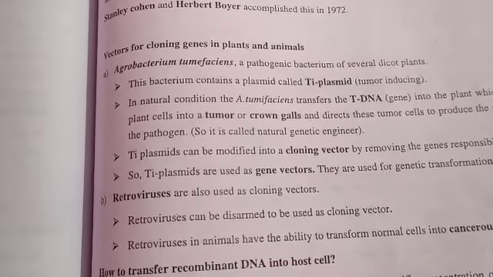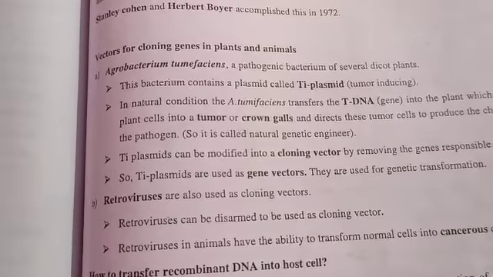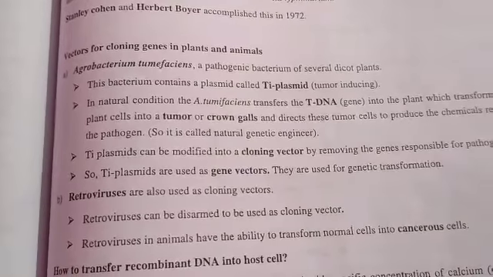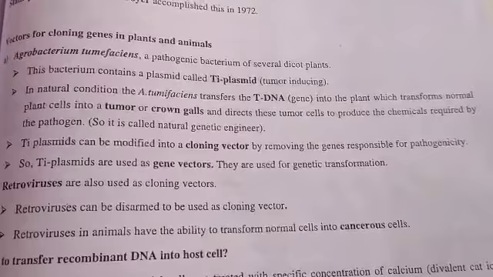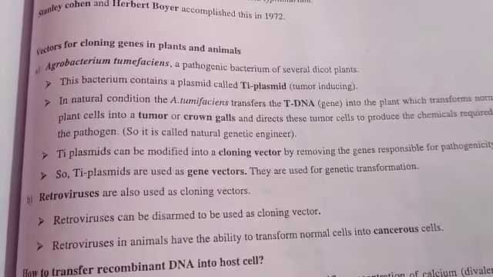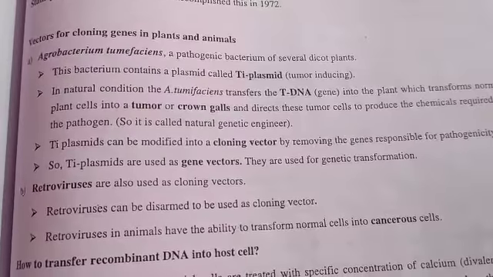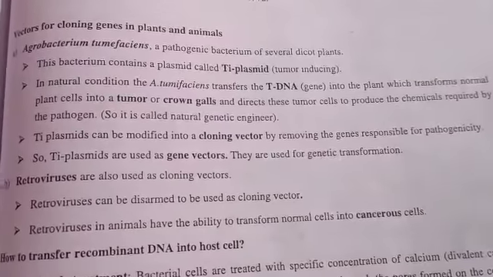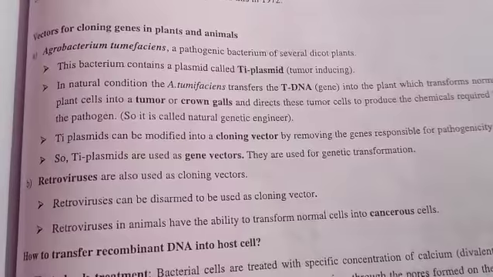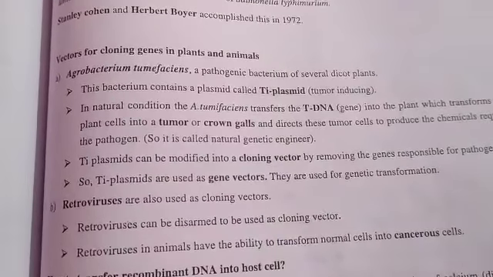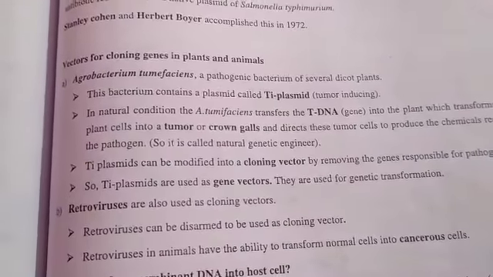In natural conditions, Agrobacterium tumefaciens transfers the T-DNA into the plant, which transforms a normal plant cell into a tumor or crown gall and directs the tumor cells to produce chemicals required by the pathogen. So it is called natural genetic engineering.